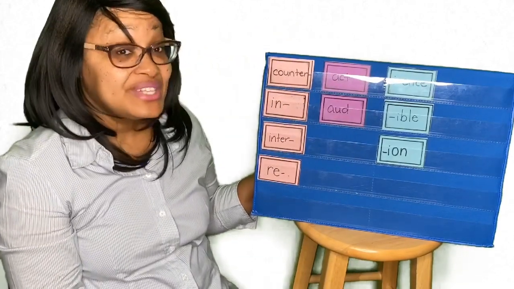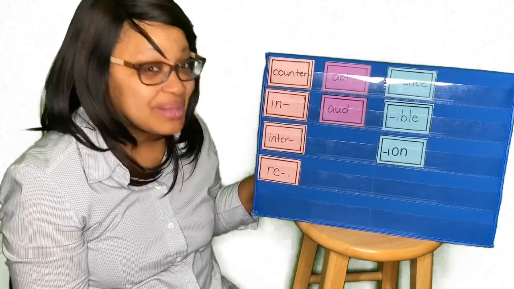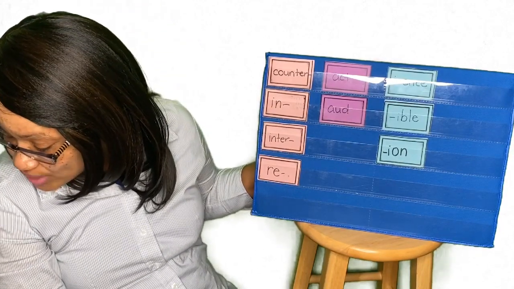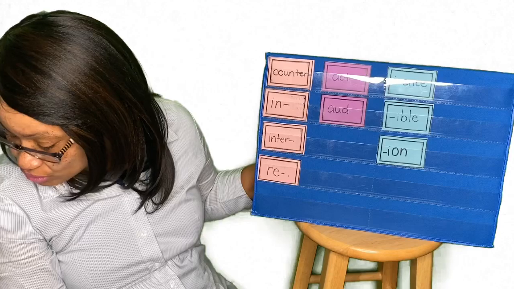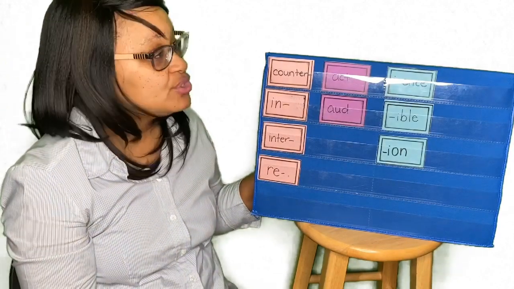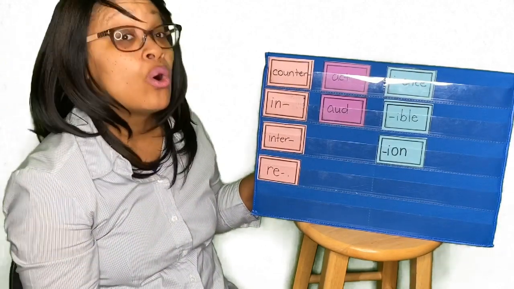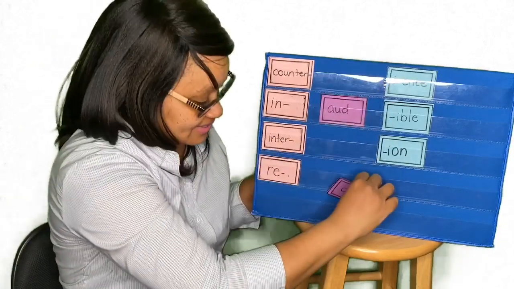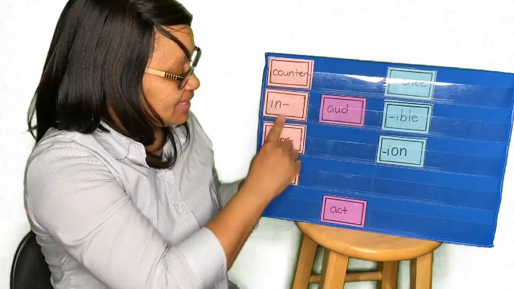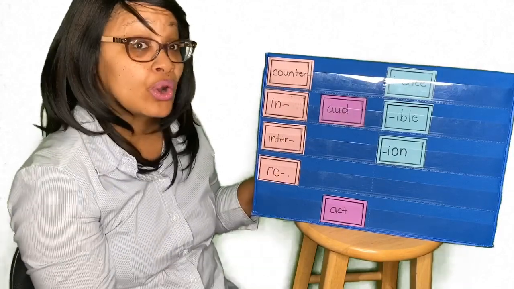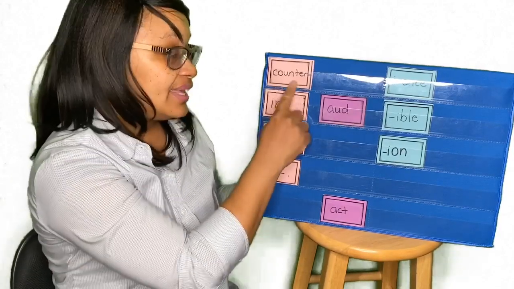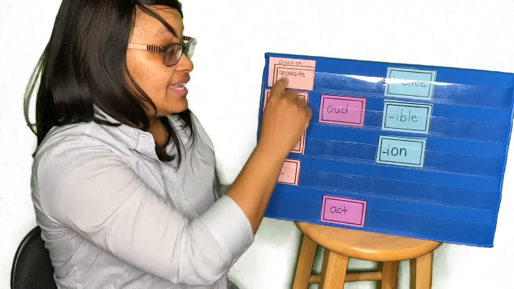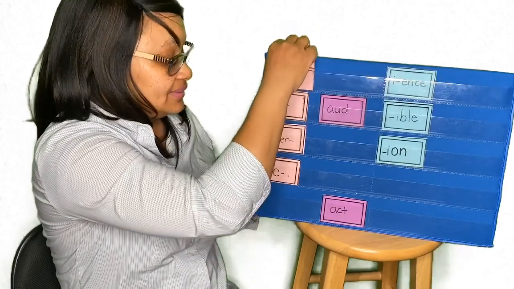Okay, I'm going to give you a definition and let's see if you can make the word. Here's our definition. To act in return or reciprocity. Well, we need act and we need something that means to return or go back. It can't be counter because counter was against or opposite.